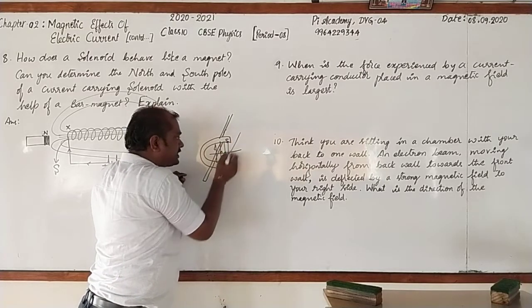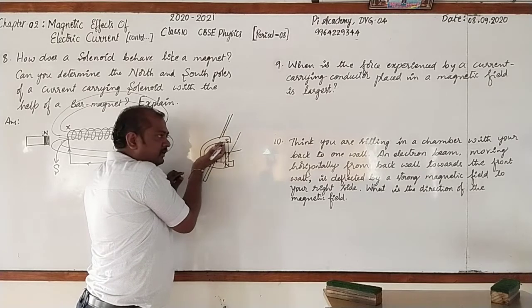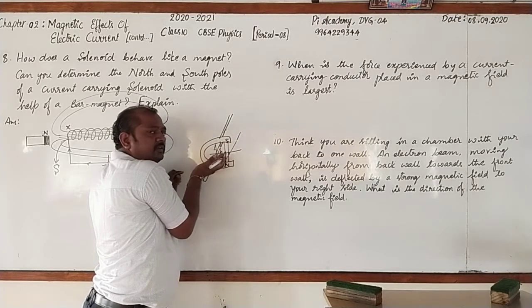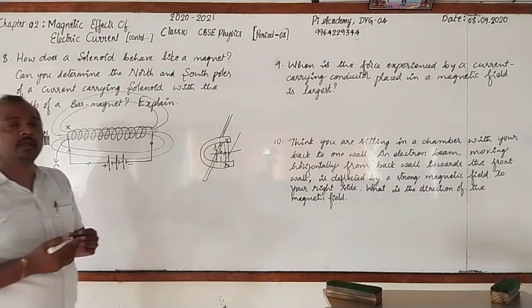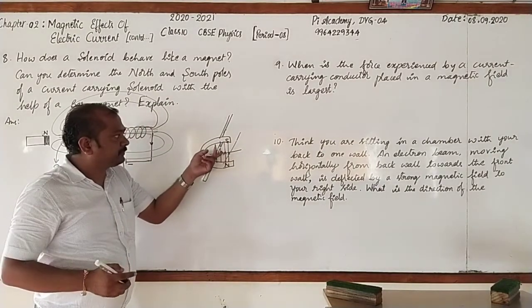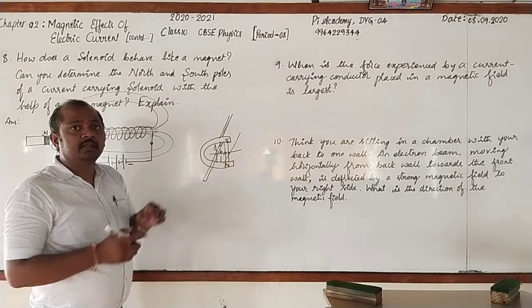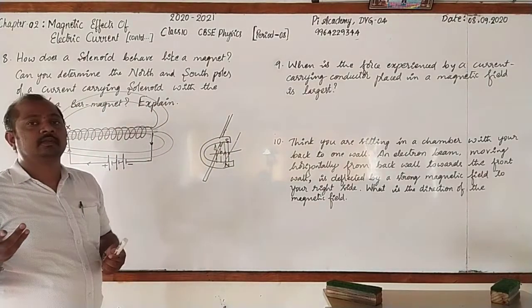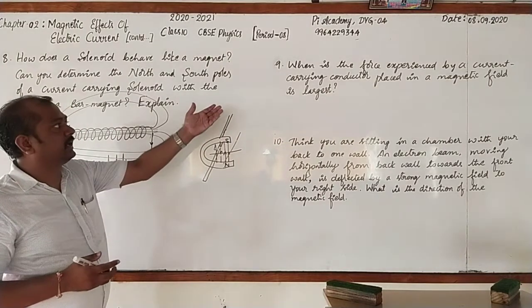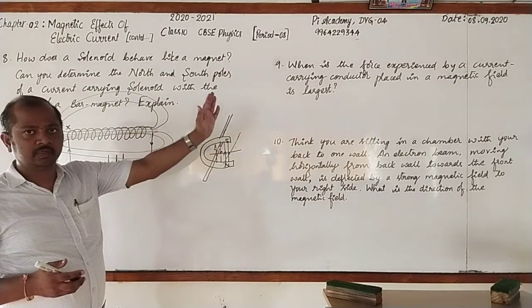If it is placed in this way, then see that lines of force are cut, is it not? So that means it is perpendicular to the direction of magnetic field. If it is perpendicular, then it experiences the maximum amount of mechanical force. Clear?